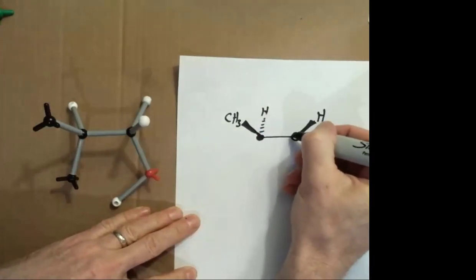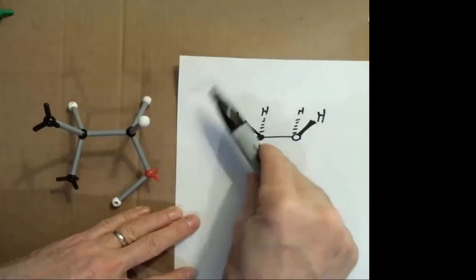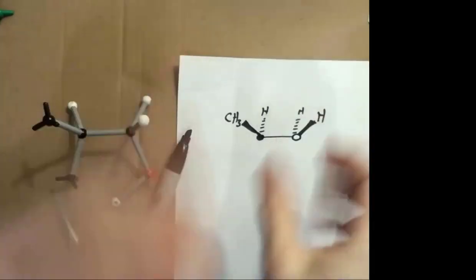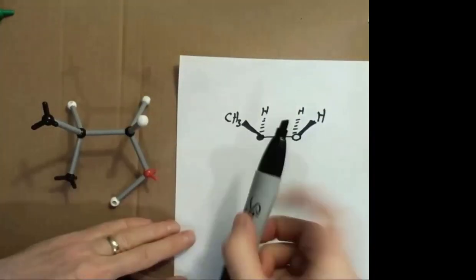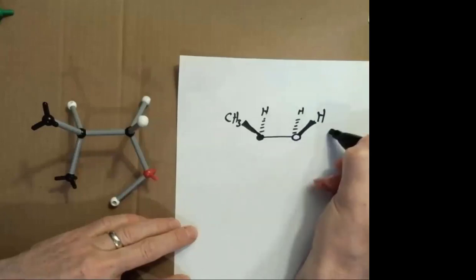And it doesn't matter. I arbitrarily chose to put the two hydrogens sort of inside the wedges, if you will. You could put the hydrogen here or the hydrogen in the back here. It doesn't matter as long as the wedge and dash are next to each other.